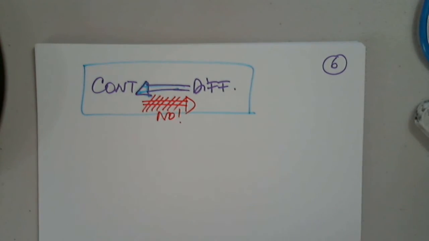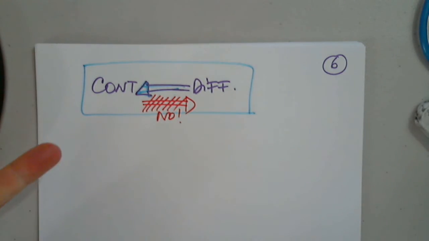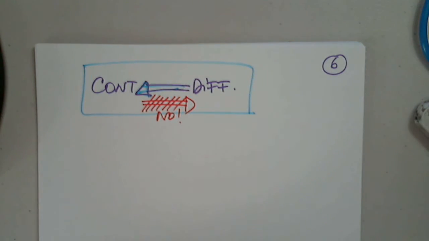A function that is continuous and has no corners, no cusps, no vertical tangents, then is differentiable. So a lot of extra conditions. But if it is differentiable, it must be continuous, mandatory. Good, very good, awesome.